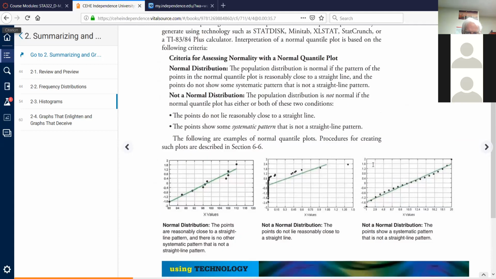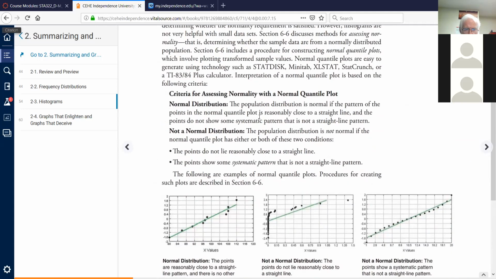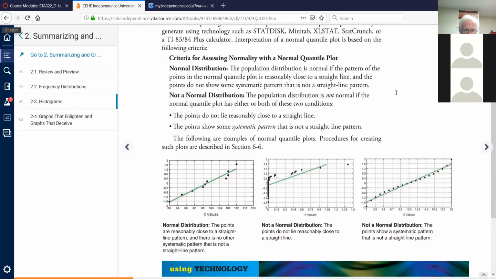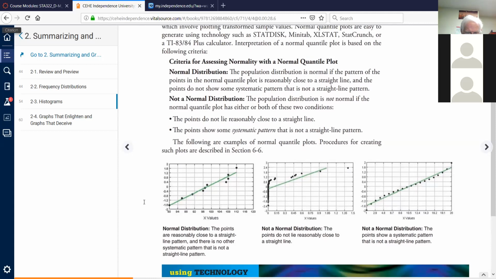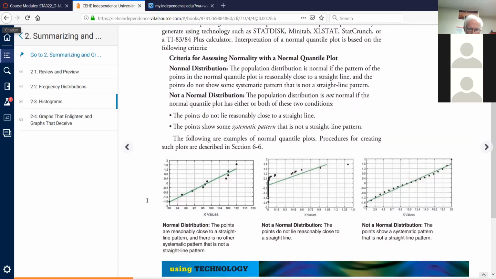We can look at normality. We can look at several different things here. If we're looking at what we call normal distribution, it is something that in a quantile plot, which we won't get into what that means, is basically a way to put the data in some sort of line position.